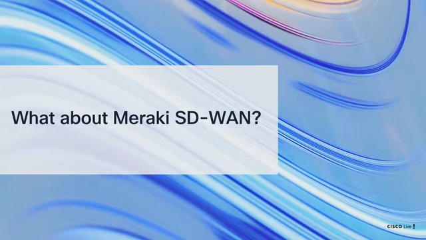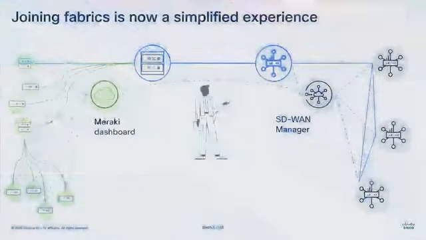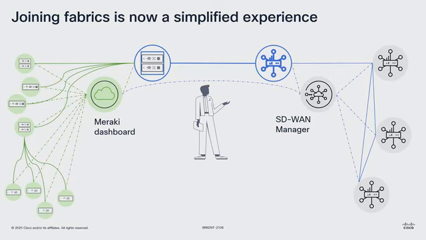So you may be thinking, okay, so much Catalyst SD-WAN discussion, what about Meraki? Meraki is also definitely there, and it's one single SD-WAN now is how we talk about it, because there is now an integration of Meraki and Catalyst SD-WAN, joining the two fabrics.